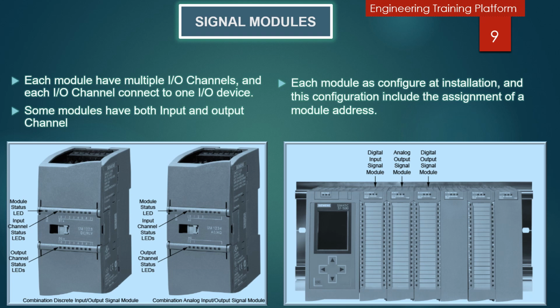Number one you can see is the CPU, and next to the CPU are the digital input signal modules, analog output signal modules, and then digital output signal modules, and next the power supply and communication modules. These we have to install on the mounting rail.